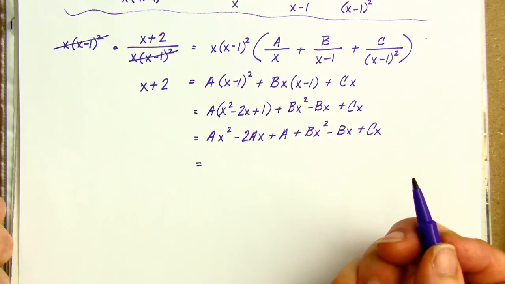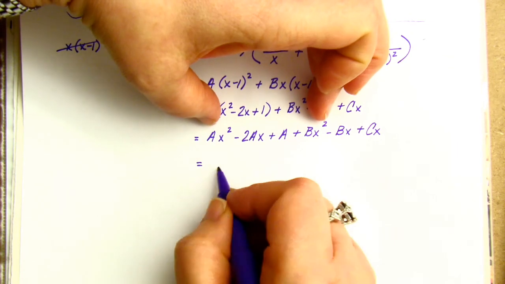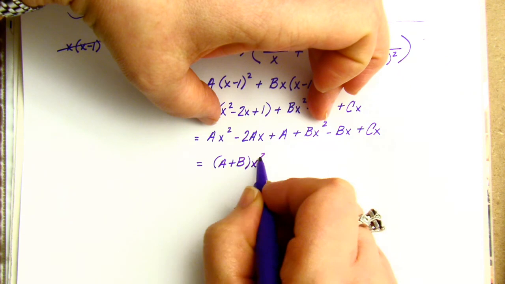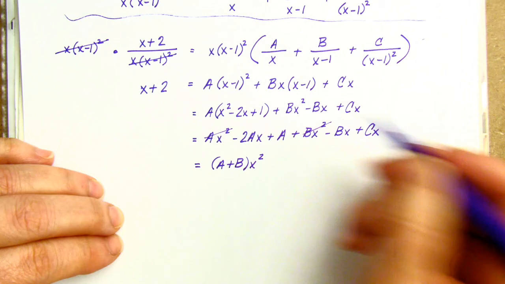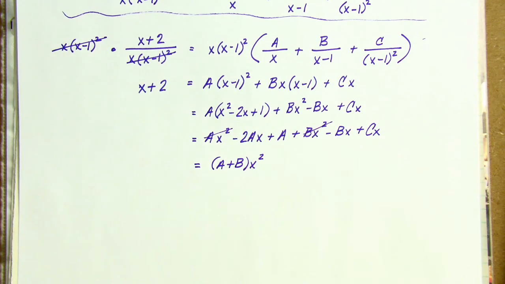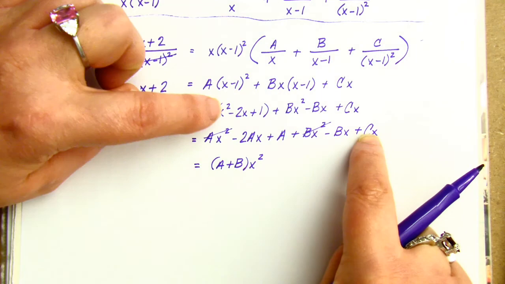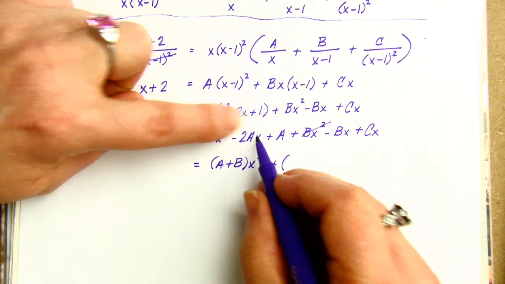All right, I've got some quadratics, so you might write a plus b times x squared. Cross them out lightly if you want to so you know you got them. My linear terms: here's an x term, there's an x term, there's an x term. So this is going to be plus negative 2a.